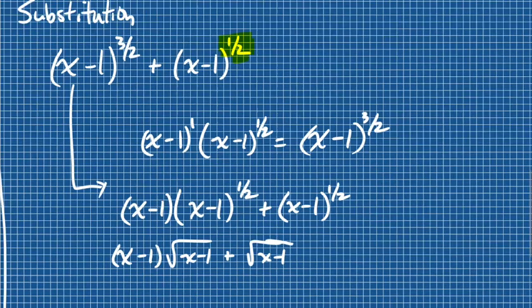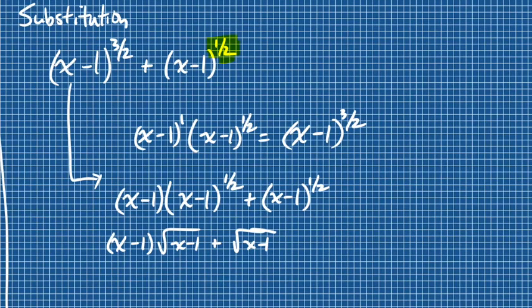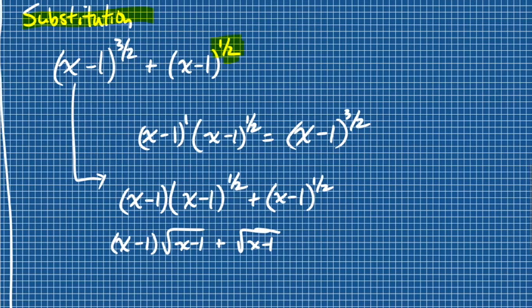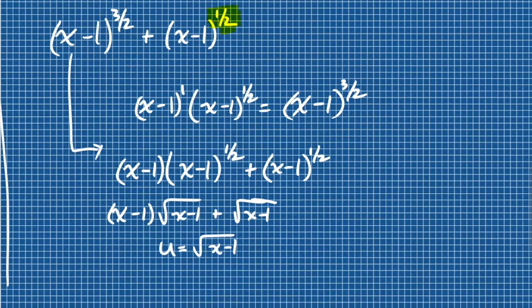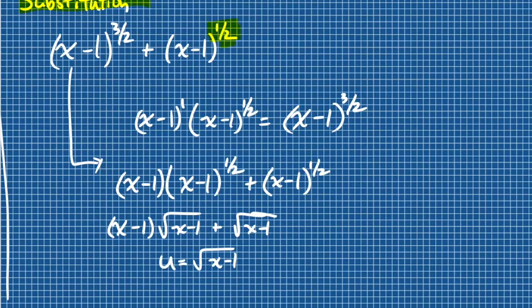And if I wanted to stick with the topic that was given, which is substitution, I might notice that we've got right here and right here a similar expression. And so let's use u. Let's make u equal to the square root of x minus 1. Let's see if we can simplify this a little bit. So now I could call this x minus 1 times u plus u.